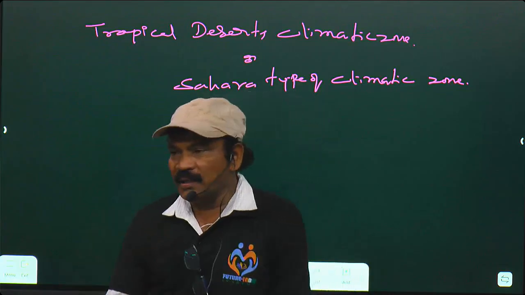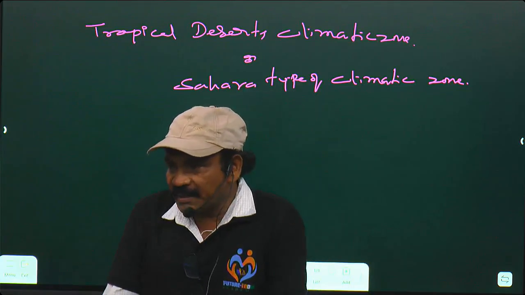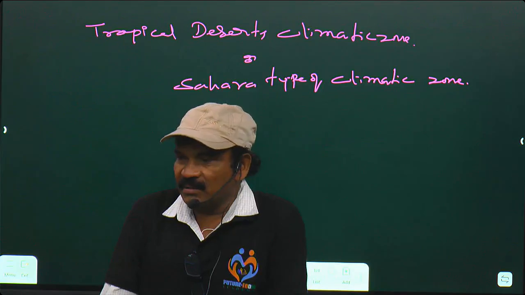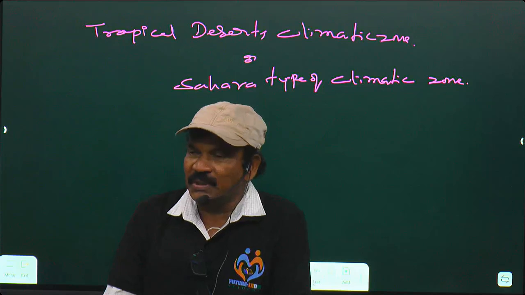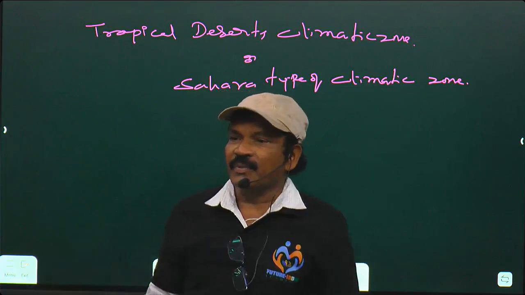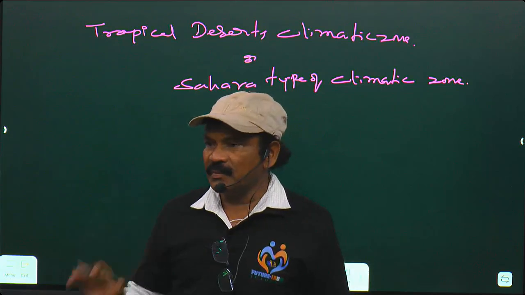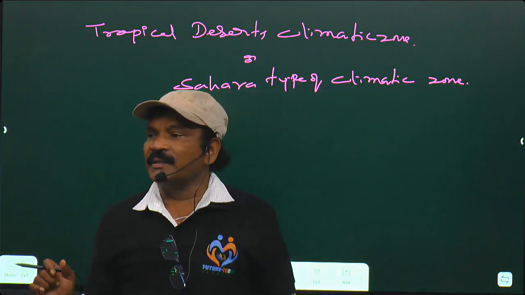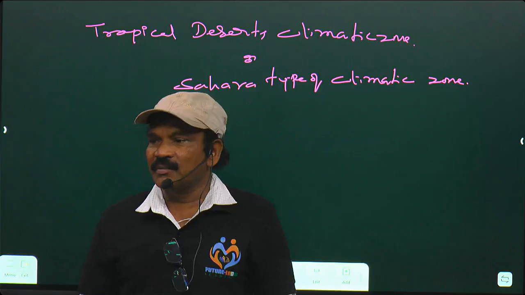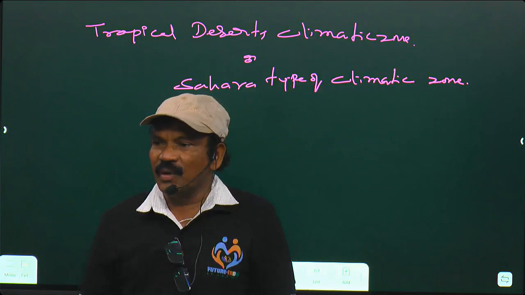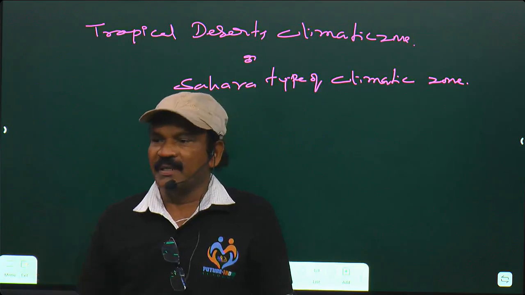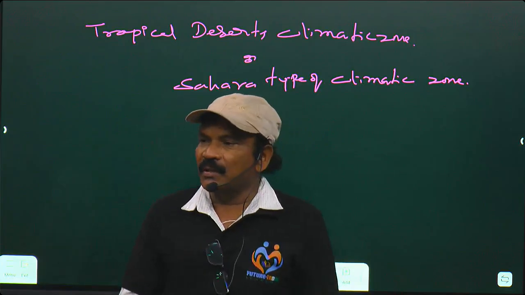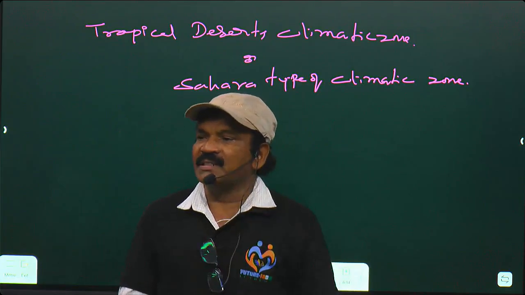The equatorial climatic zone has been completed in previous classes. The equatorial climatic zone is located from 0 to 10 degrees in the northern hemisphere and 0 to 10 degrees in the southern hemisphere, which is also called the hot and wet climatic zone. Why is it called hot and wet? Because of heavy afternoon temperature and heavy afternoon precipitation. It is also called the tropical evergreen forest climatic zone.